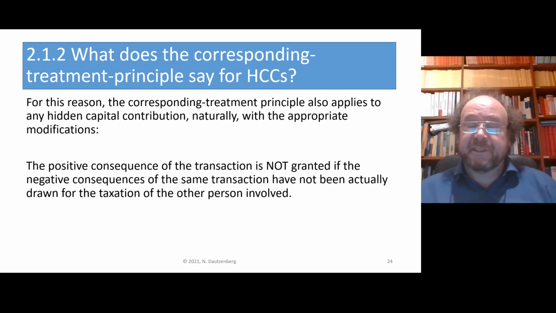The positive consequence of the transaction is not granted, and the positive consequence would be a contribution is not a profit for the company which gets it, if the negative consequences of the same transaction have not actually been drawn for the taxation of the other person involved, so of the shareholder.